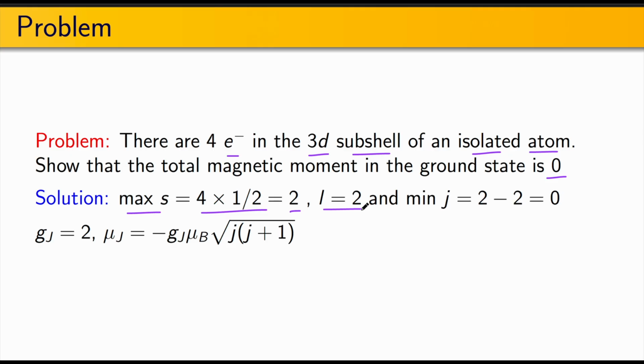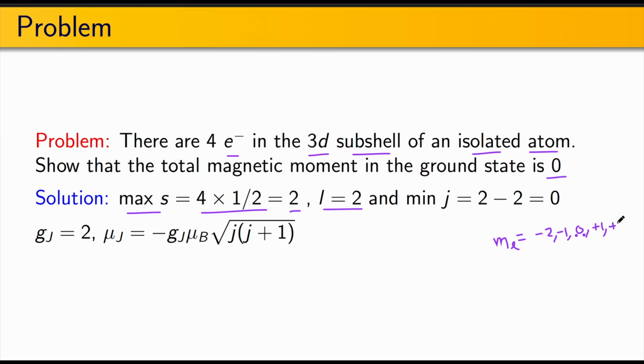So you have 4 electrons, like I have done just now. You can convince yourself by placing the electrons that in this case ml can only take the values -2, -1, 0, 0, then +1 and then +2.